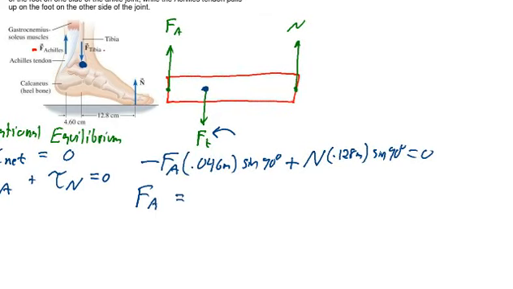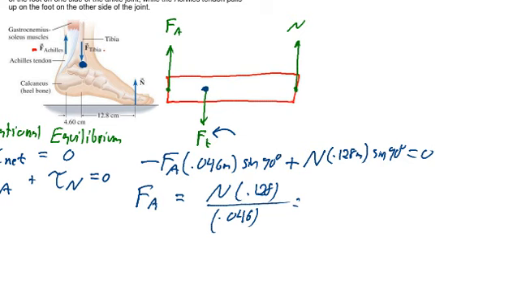So we're going to get the normal force times 0.128 divided by 0.046. And we put that into our calculator. 750 times 0.128 divided by 0.046.